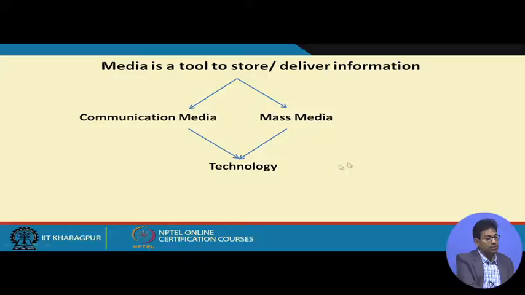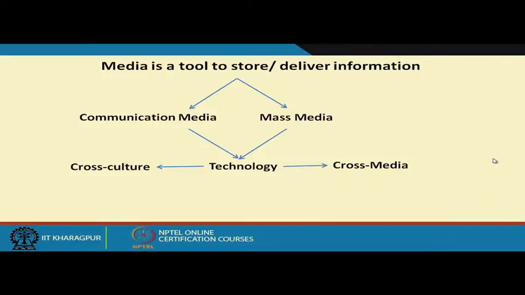So we have already talked about this particular slide where communication media and mass media is dependent on technology. Now technology is bifurcating at this point of time into two different aspects. One, into a cross-cultural aspect, where the technology has to cater to different cultures and communities having varied needs.